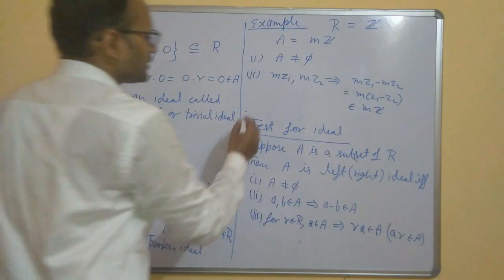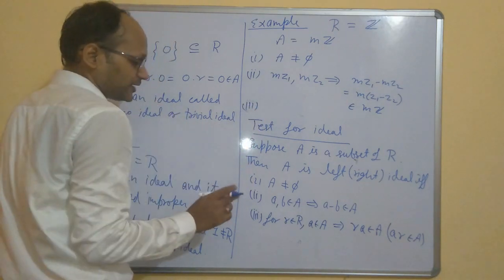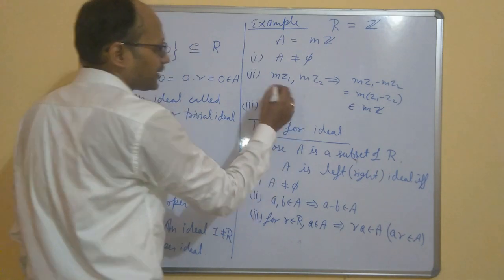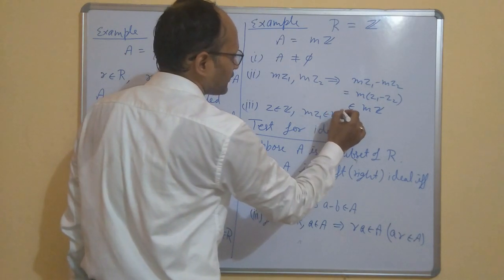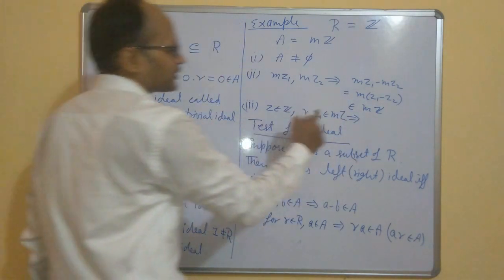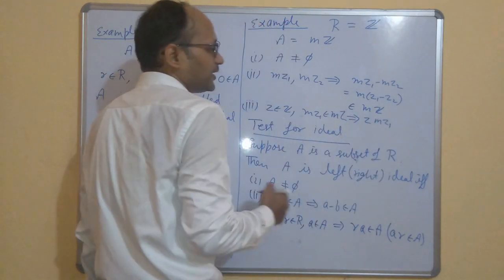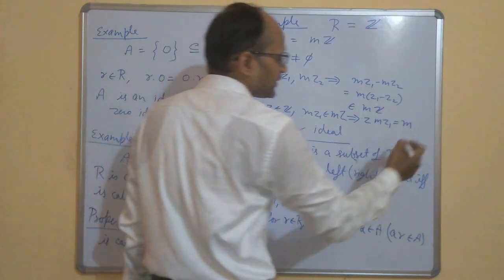And now what about the third condition? So let us come to the third condition. So take one integer z in Z, and I take mz1, one element in mZ. And what about their product? So let us take their product z·mz1, that can be written as m times zz1.